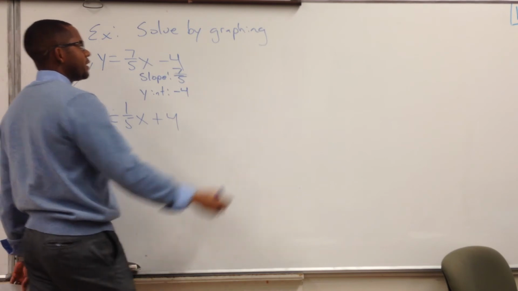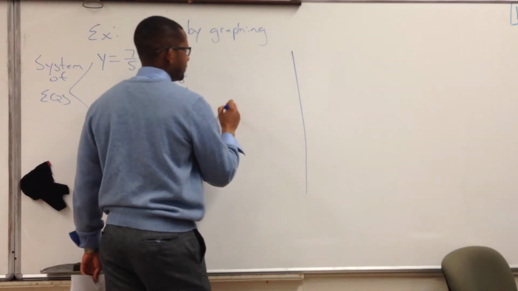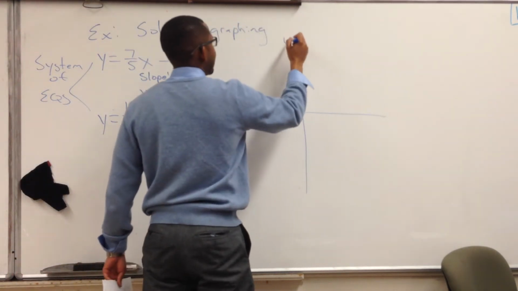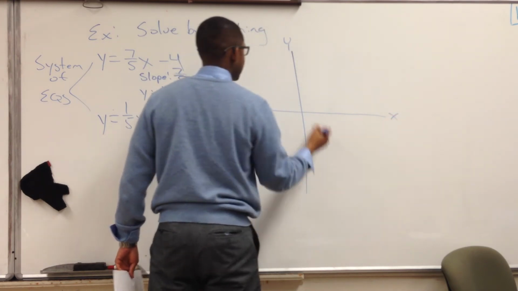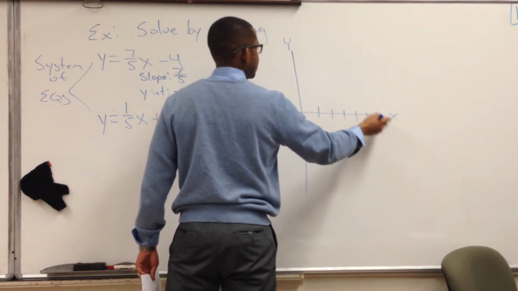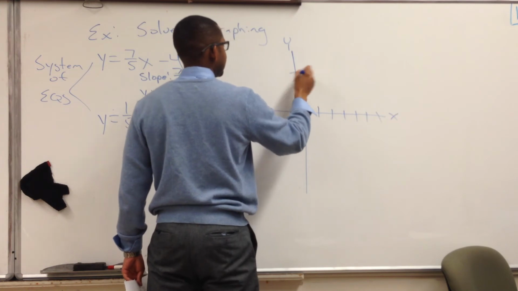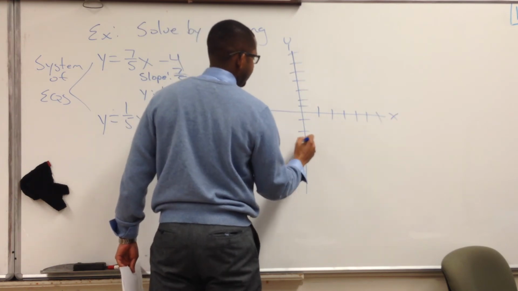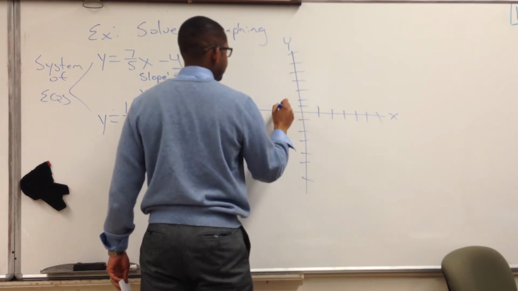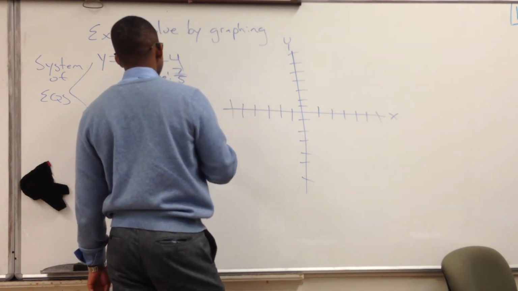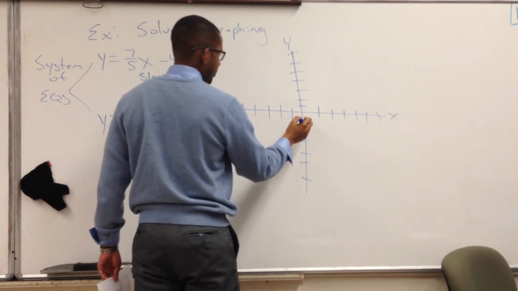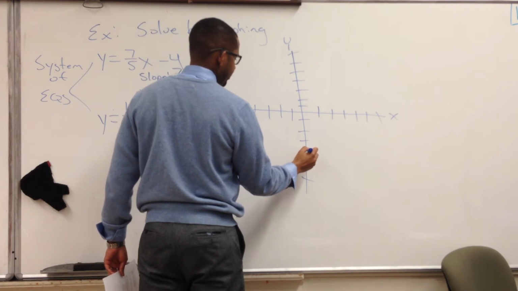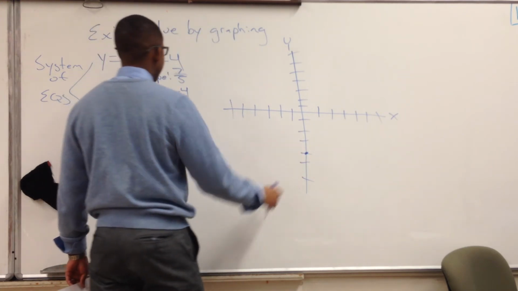So let me go ahead and graph this line. So draw yourself an x and y axis. Labeled about 6 in each direction. I think that should be enough. My y-intercept is -4. 1, 2, 3, 4. There I go. Just graph my y-intercept.